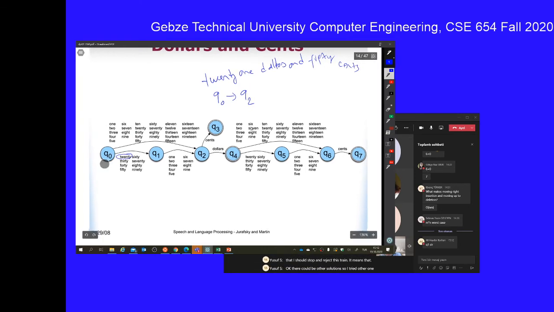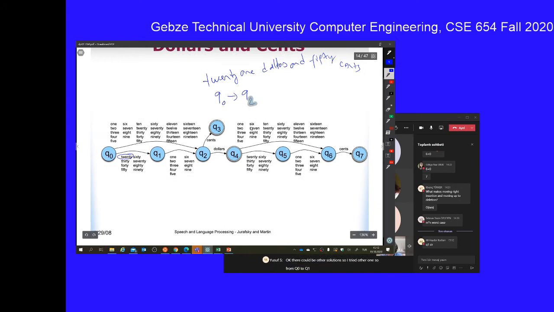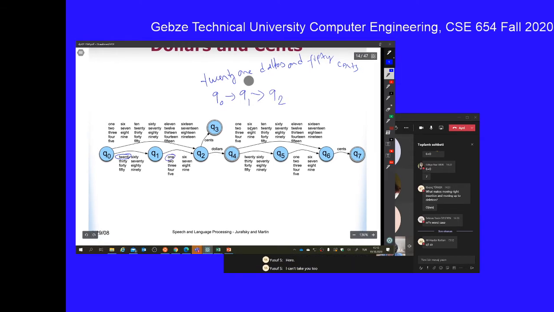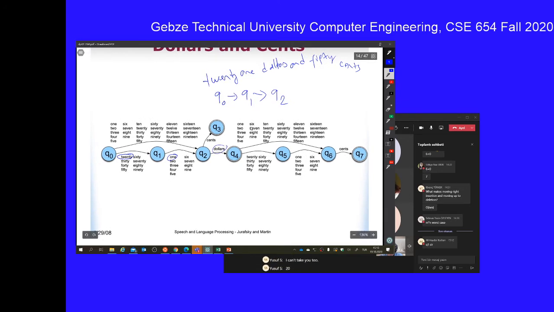So from Q0 to Q1, I try this. I come to Q1 and I input 1 here. I come to Q2, 21, and with the dollars, I come to Q4.